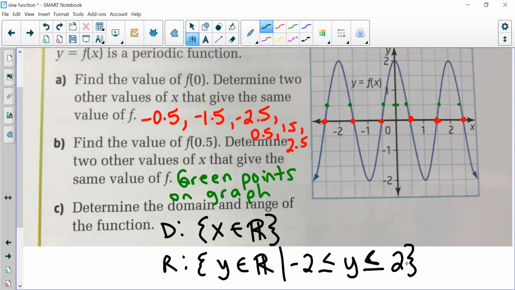Put the smallest number first, and it's saying y is greater than or equal to -2. And on the right side it's saying it's less than or equal to +2. So it's between -2 and 2 is what that's saying. Okay. So it'll always be that way? Yes. Okay.